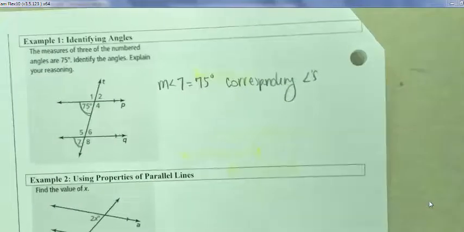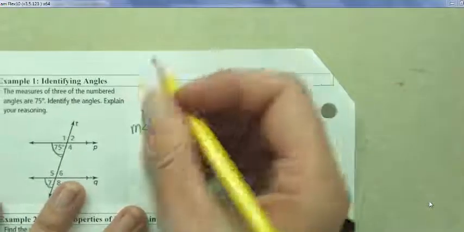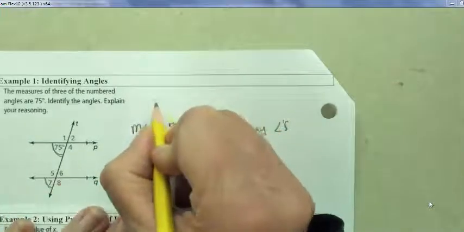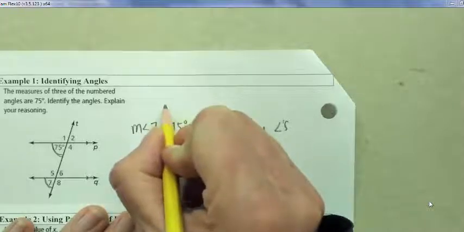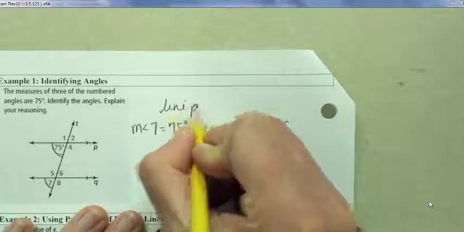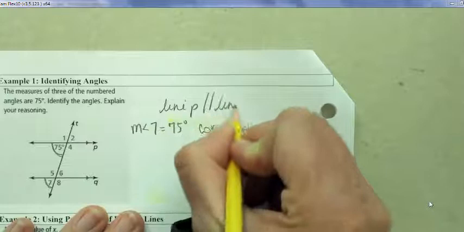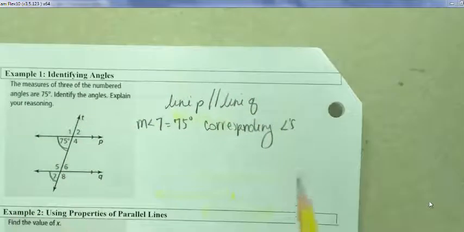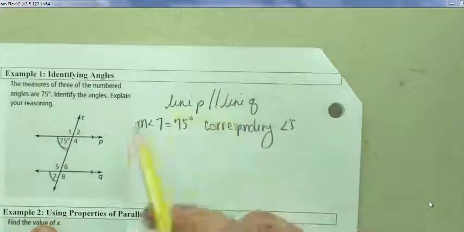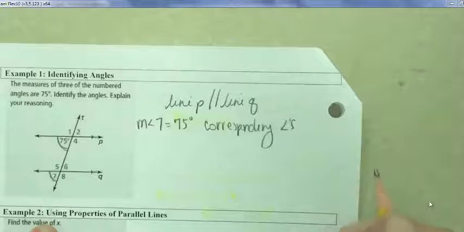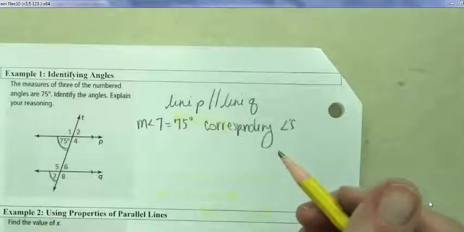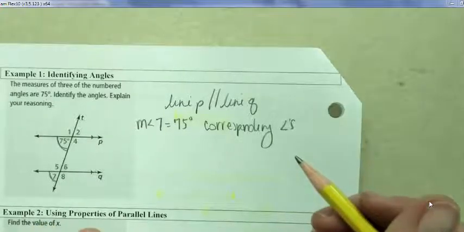Okay, moving on. Should I use the parallel lines theorem? I'm just going to say, how about in the very beginning, I'll say line P is parallel to line Q. And therefore, we'll know the rest of these things to be true. So I don't have to say, due to the parallel lines theorem.